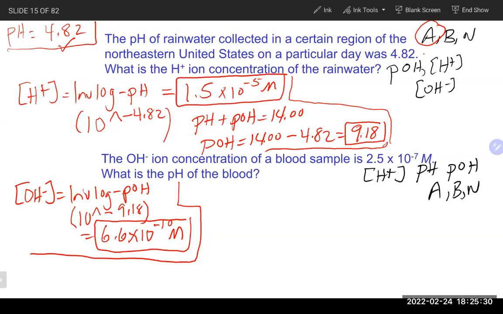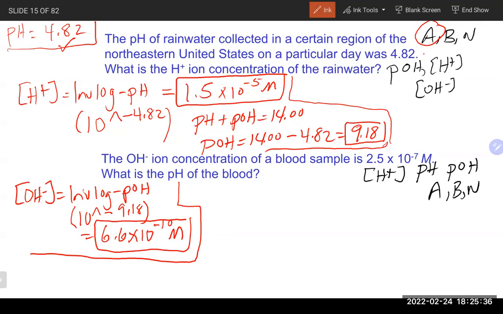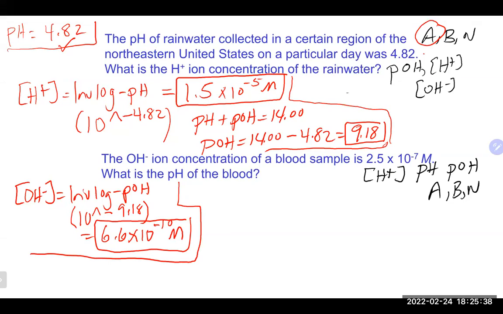All right, so let's take a look at the bottom here. Again, in this particular case, we are given the OH minus concentration to start with. So from that, again, you have 2 options. You could use KW if you wanted the H plus, or you could go right into the pOH to calculate it. So that's what I'm going to do. I'm going to calculate the pOH first, which will be minus the log of the OH minus, which in this case is 2.5 times 10 to the minus 7.